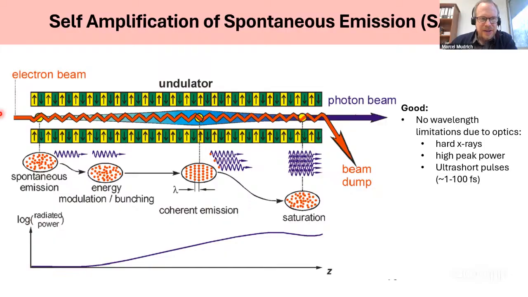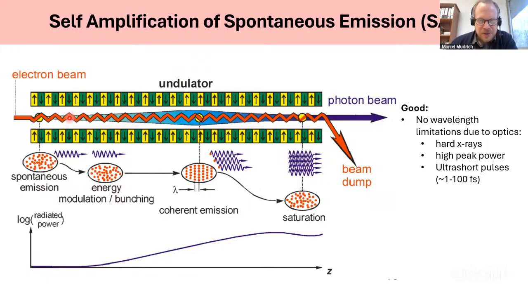So that can be an external light beam that gets amplified, or in the SASE mode, self-amplification of spontaneous emission. There, the electron bunches that enter the undulator start emitting undulator radiation.